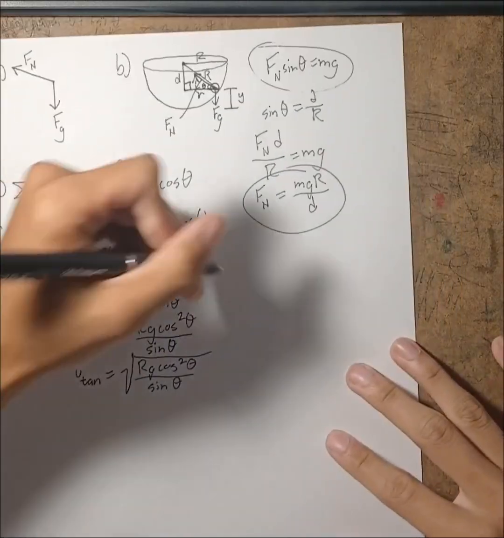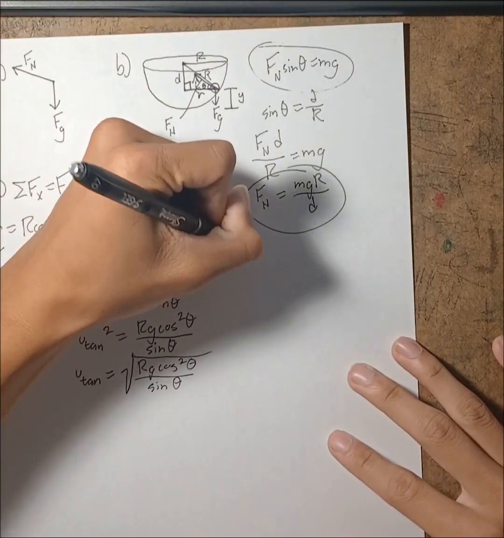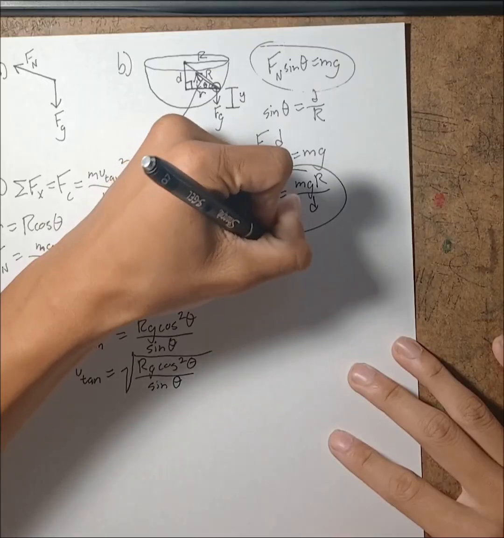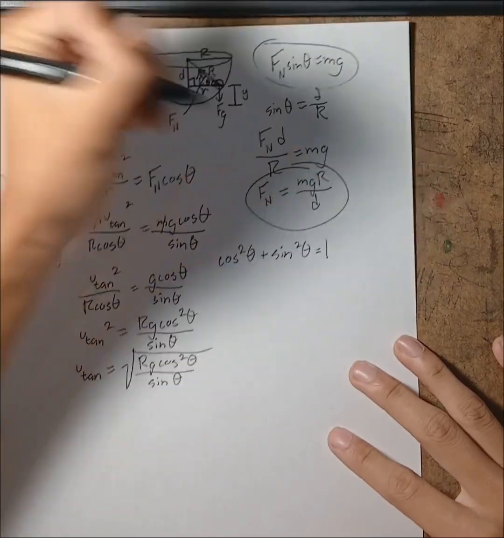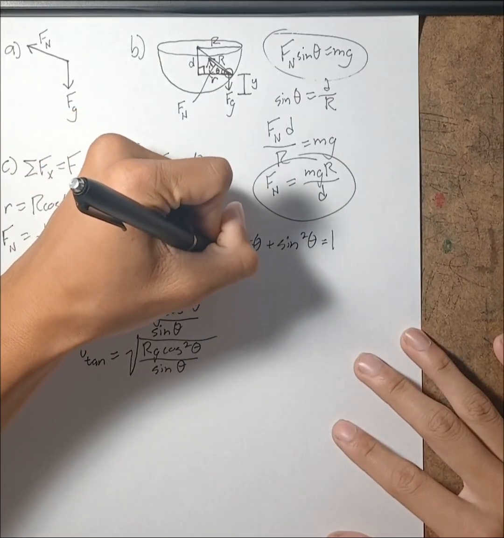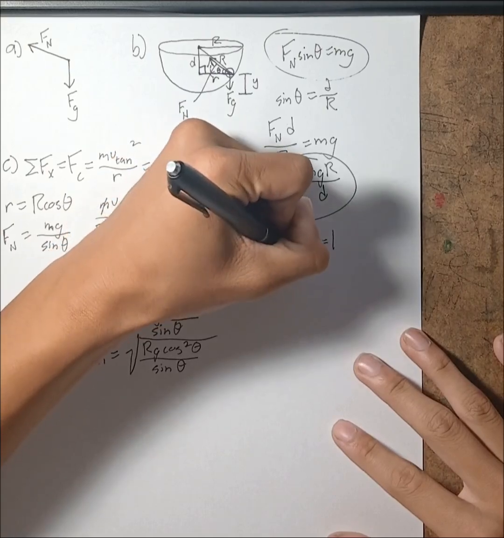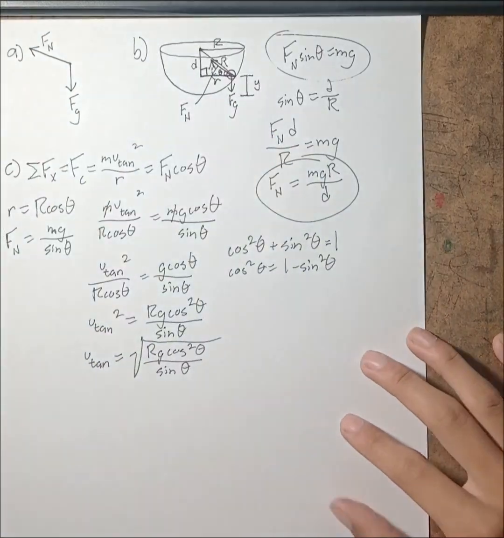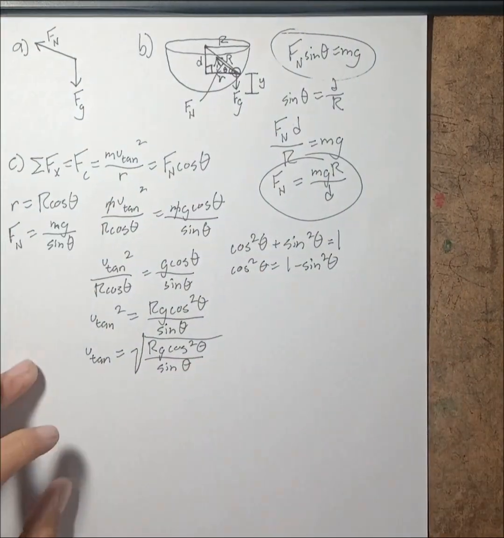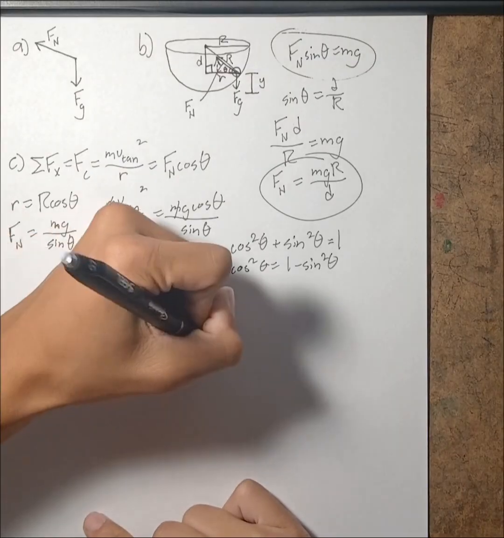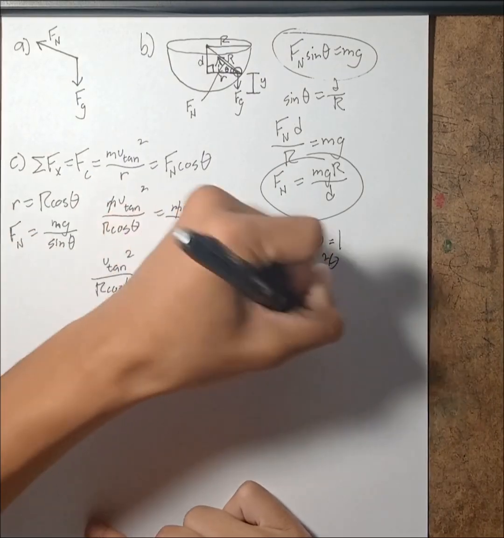Now, we can use a trig identity here. Cosine squared plus sine squared equals 1. Therefore, cosine squared equals 1 minus sine squared. We can put that substitution into here. So we'll just put that here.